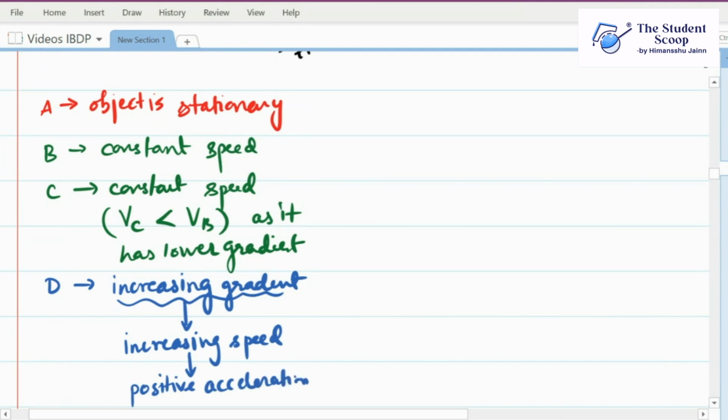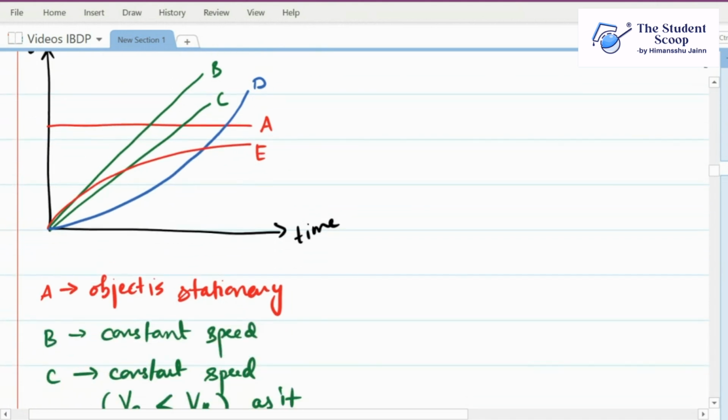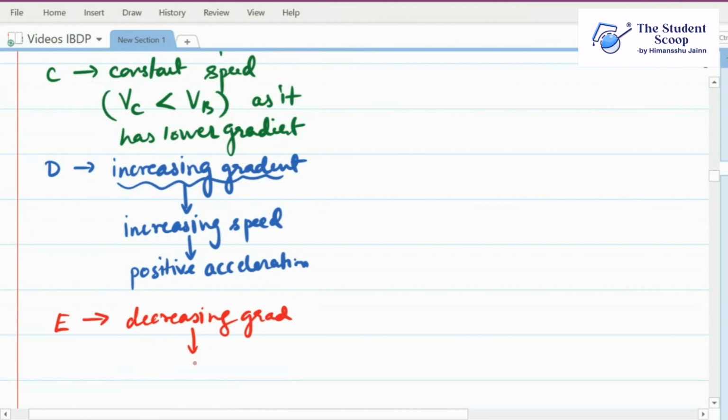Similarly, a similar looking curve can be something like this, where the speed is decreasing, the curve is getting more and more horizontal. So it is a decreasing gradient, and thus it represents decreasing speed, and thus we can say it is a deceleration.